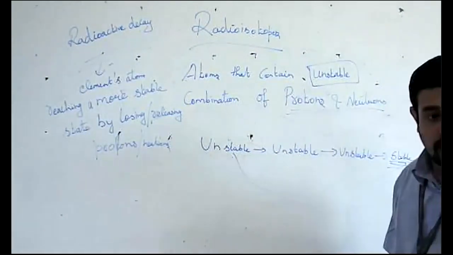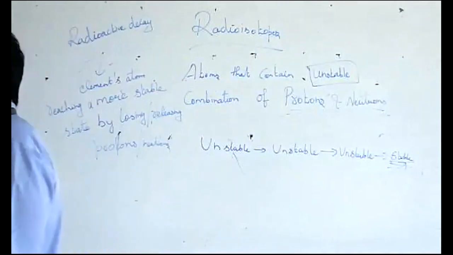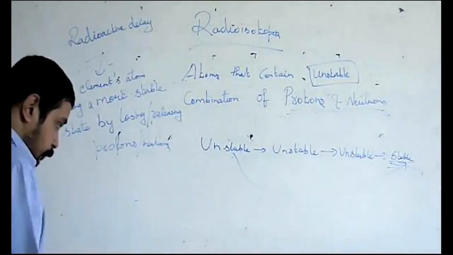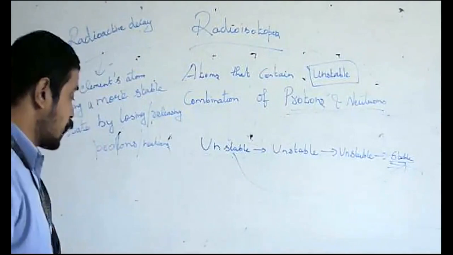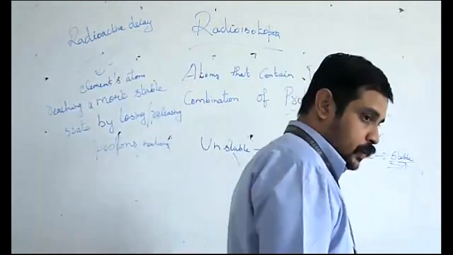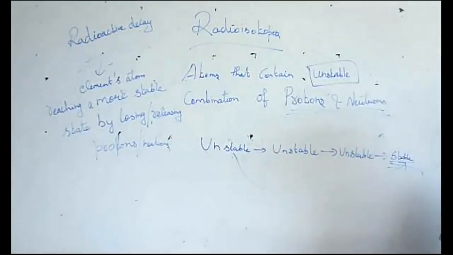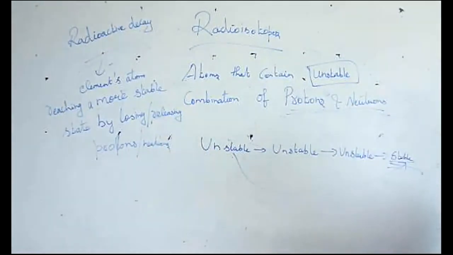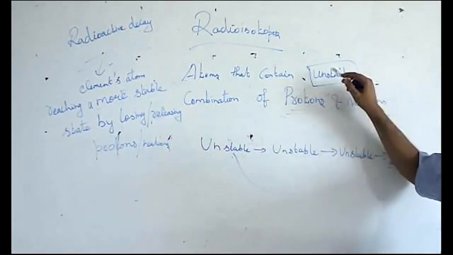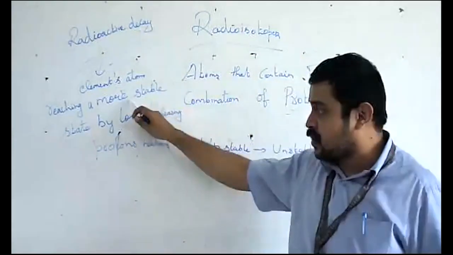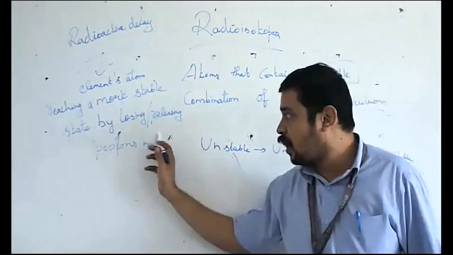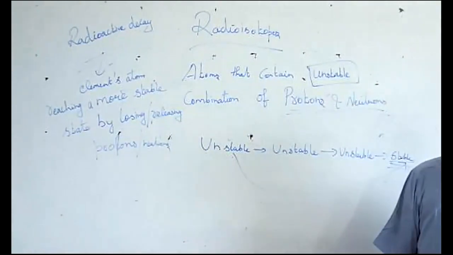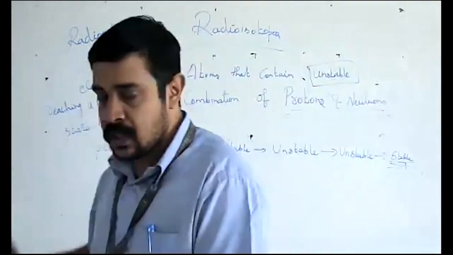That process we call radioactive decay. I hope you are able to follow the things we have discussed. We have just entered into the syllabus. Radioisotopes contain an unstable combination of protons and neutrons. Since it is unstable, to attain a more stable state, it loses or releases protons and neutrons. That process we call radioactive decay.